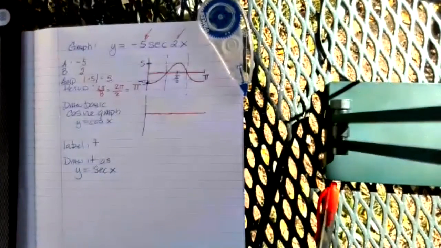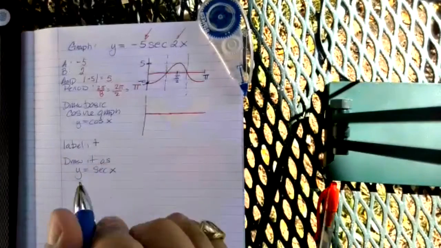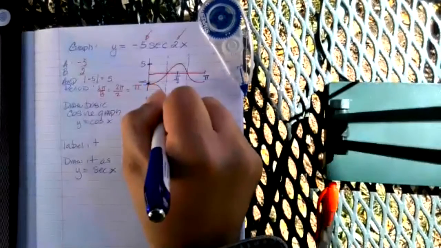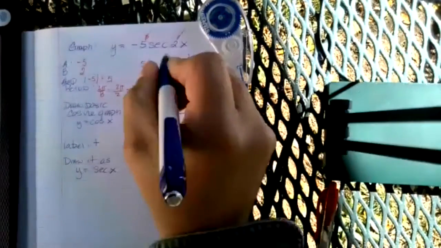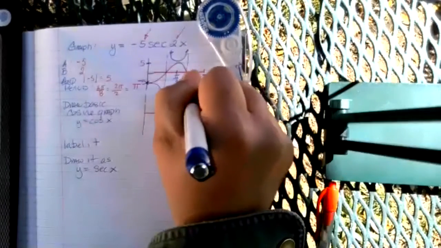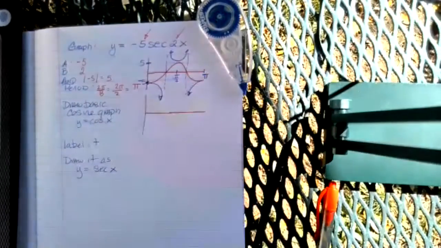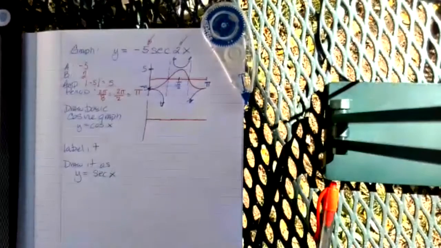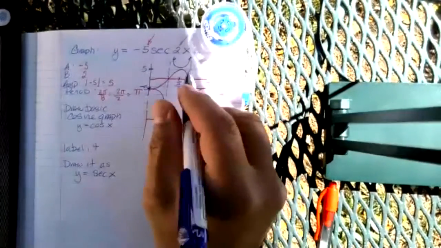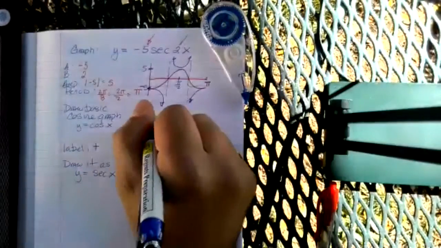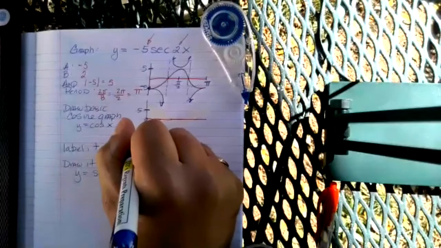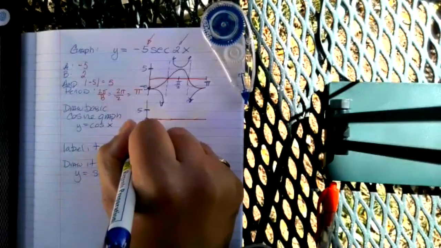And I know my secant graph is going to reflect off of these humps and run along the asymptote. So now I want to get rid of this cosine graph. I only used it as a template, and we only want to graph the secant.